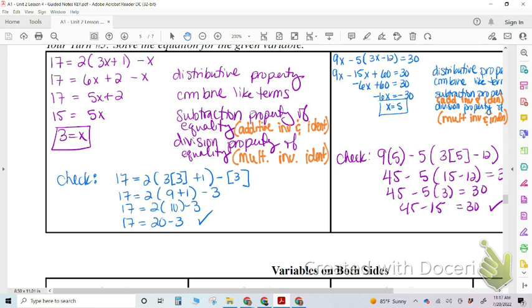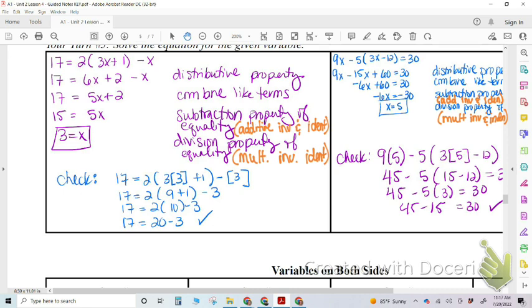And then on your other side, distributing, combining like terms, then you are subtracting the 60 from both sides. That's your subtraction property of equality. Then you're doing the 60 plus the -60, and that giving you a 0. That's your additive inverse. When you're doing the -6x plus 0, giving you the -6x, that is your additive identity.